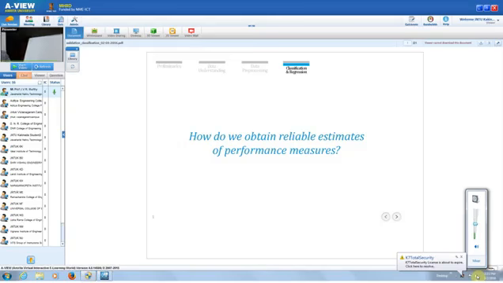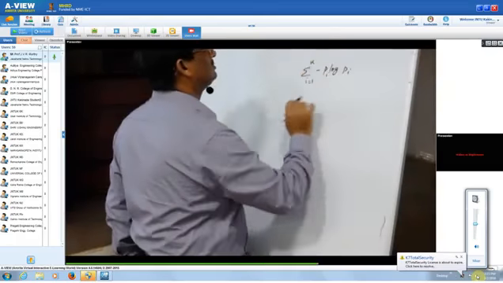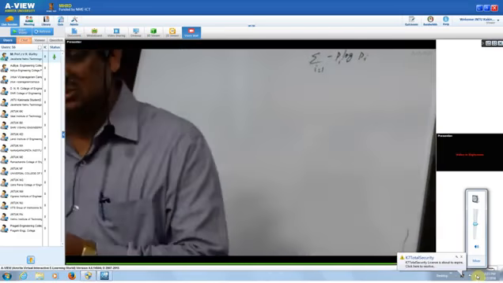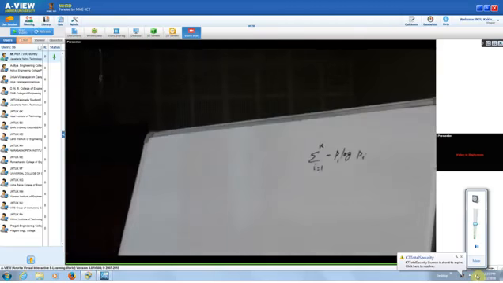Because what you are saying is that your entropy is sigma minus Pi log Pi, with i running from 1 to k. If there are k classes, that means there are k distinct classes.